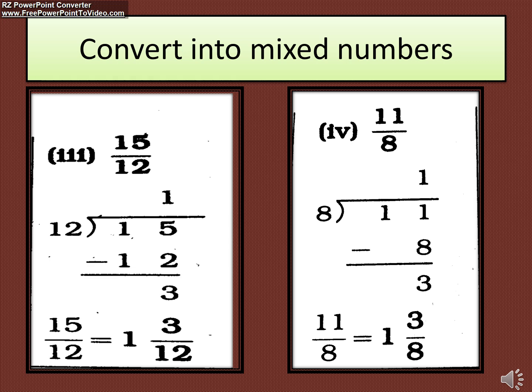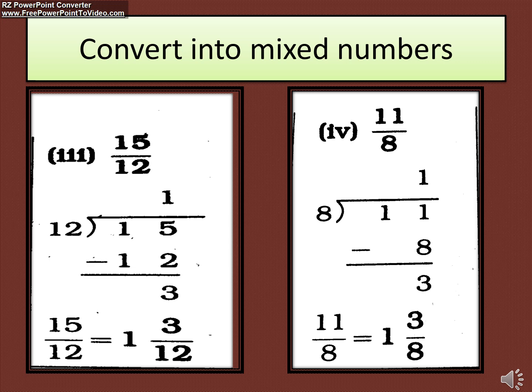Remainder R is 3, so your numerator will be 3 and denominator will remain as it is, that is 12. So 15 upon 12 is equal to 1 plus 3 upon 12.